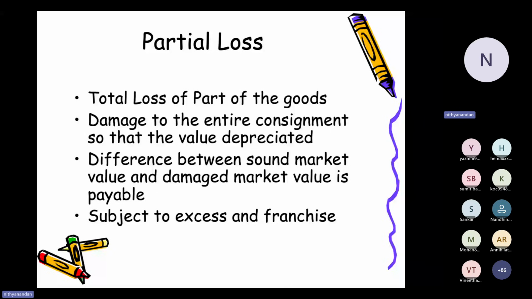Cloth bales sustain water damage. Still, it can be sold as cloth in the market, but for a lesser value because of the water damage. So what will be ascertained? How much we can fetch by selling the goods in the market in their damaged condition, and the difference between the sum insured and the sale proceeds will be payable as the claim, right?